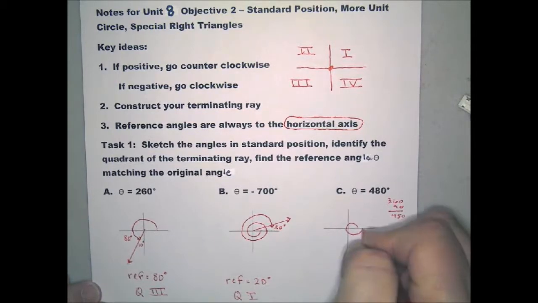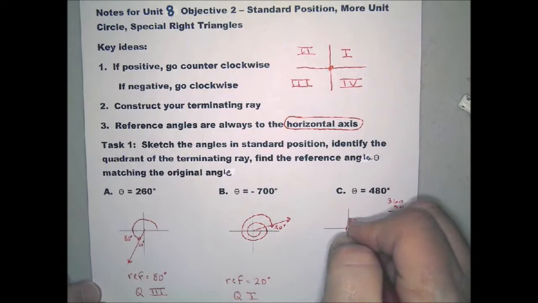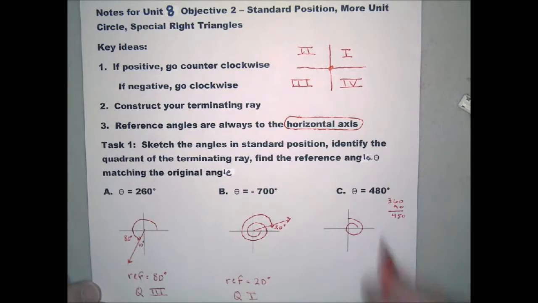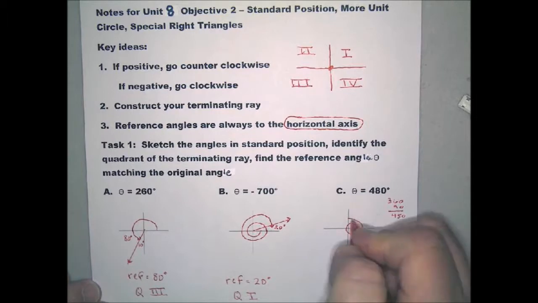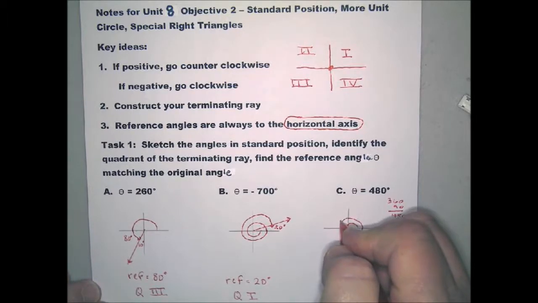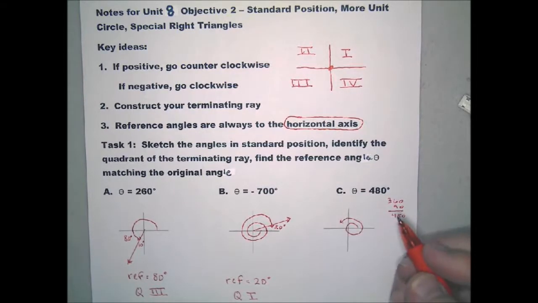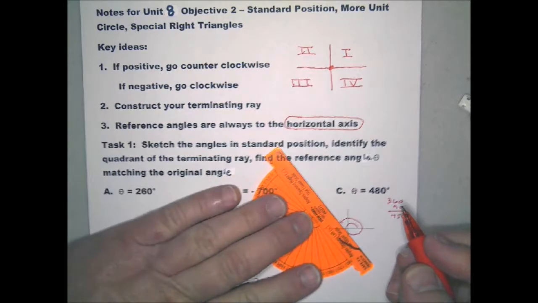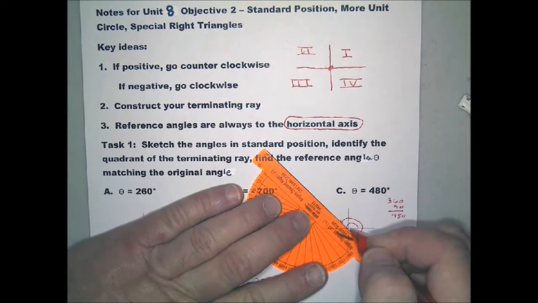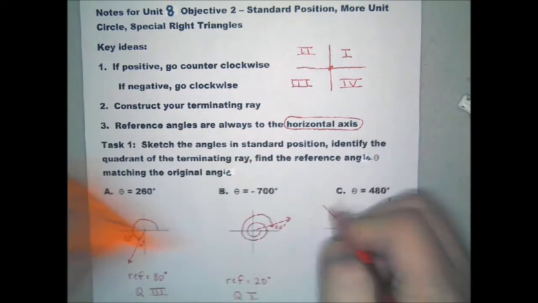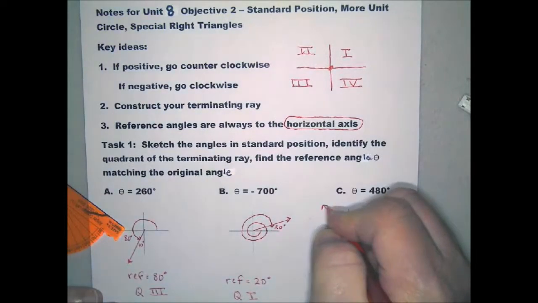So I know I make it to right there. But then I go a little bit past 450. I don't make it all the way down here. I just go 30 degrees past 450. And there's my terminating ray right there.